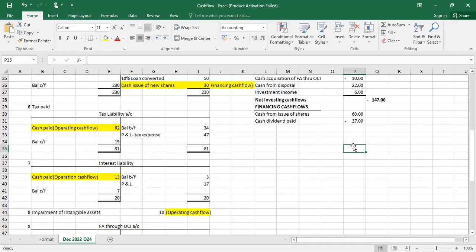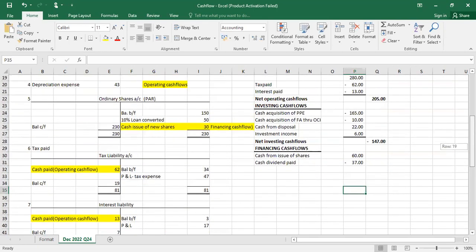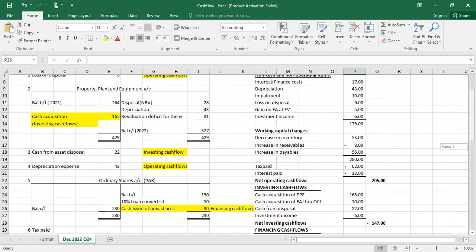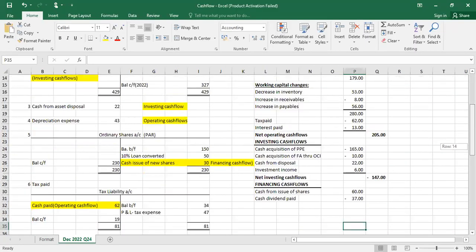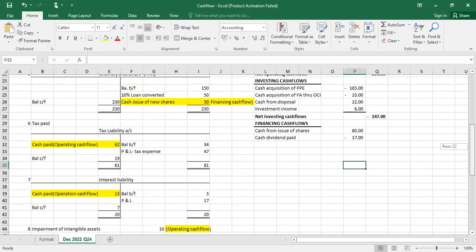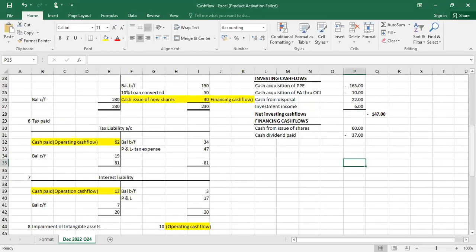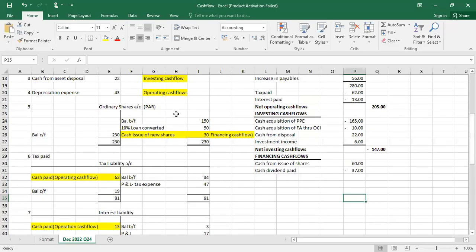Was there anything else? Did we say we have another financing cash flow? Loan stock. I do not think there was cash with respect to the loan stock, yeah? You know, the loan stock, we did convert it into ordinary shares. If you look at this ordinary shares account, we have the converted loan of 50 million. So that is right.